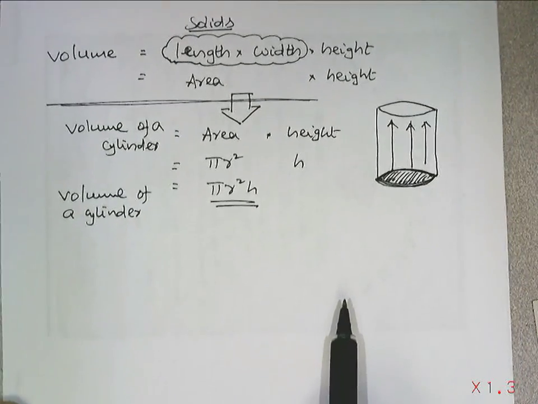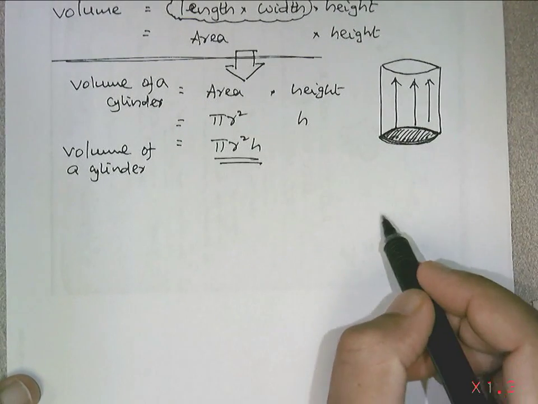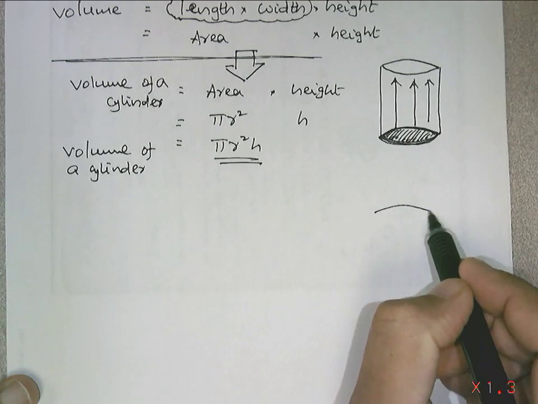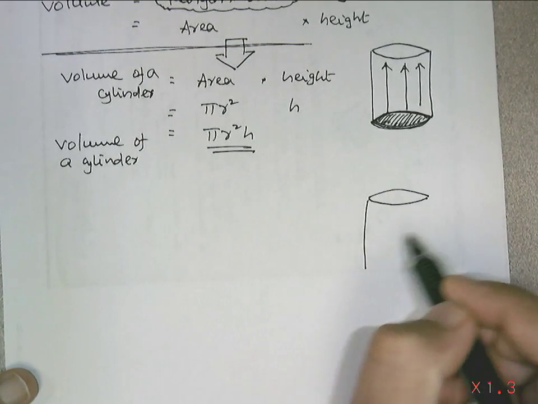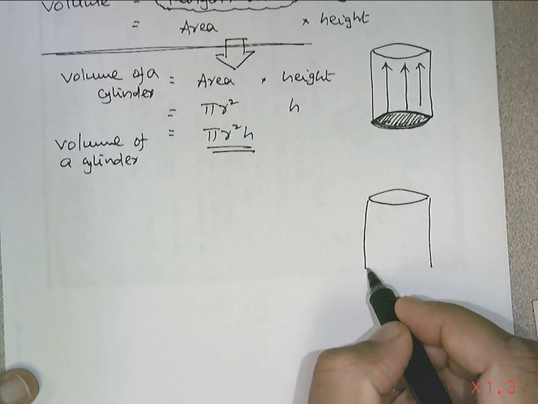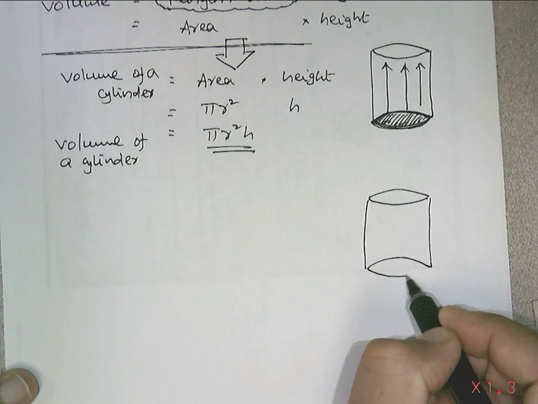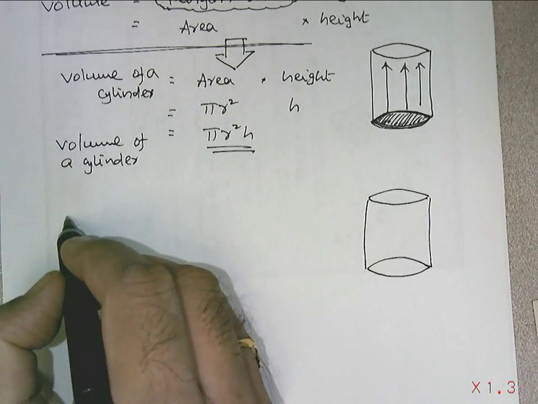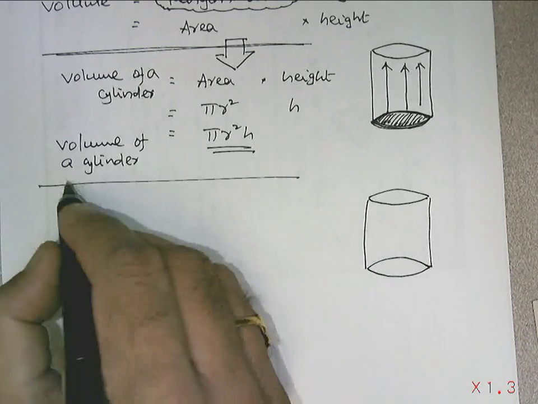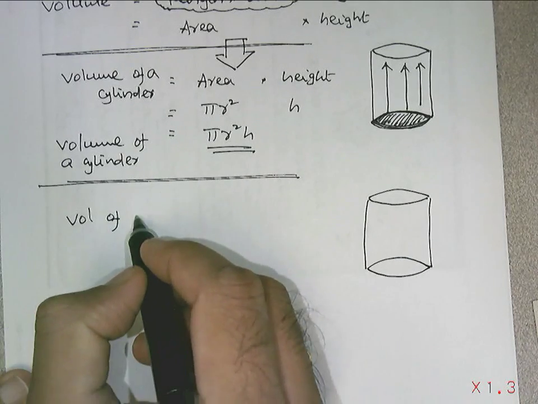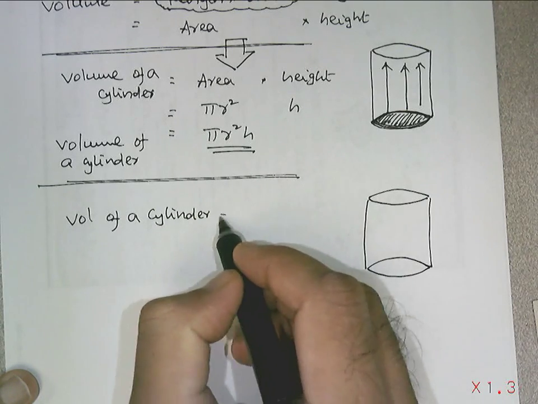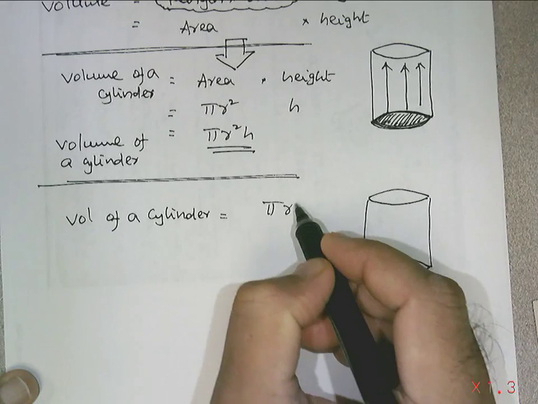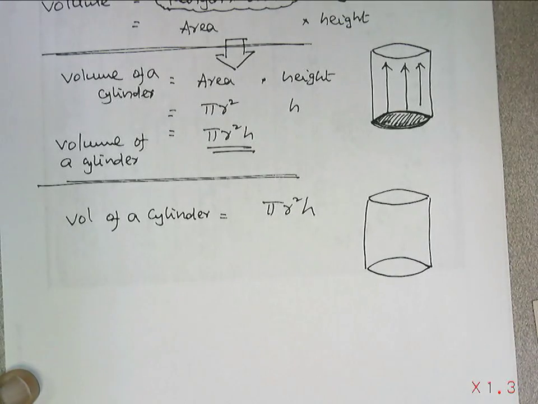Now when we take a cone, let me not take a cone, let me take a cylinder first. If I am taking a cylinder, we know that the volume of a cylinder is pi r square h.